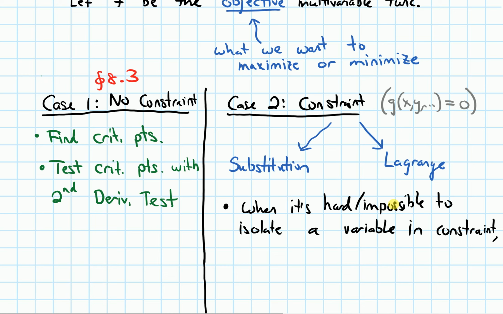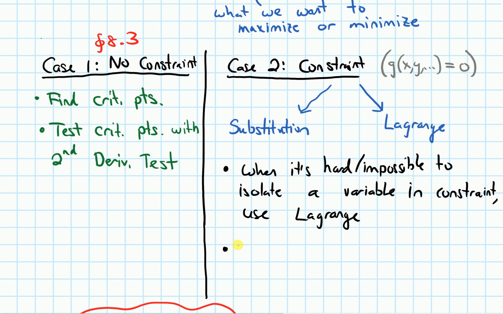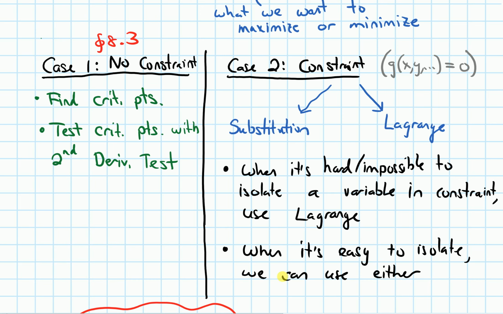Well, if that's hard or impossible, then you want to use Lagrange. On the flip side, when it's easy to isolate, then we can use either method. We can use either Lagrange or substitution. All right, and these max-min problems with a constraint we talked about in section 8.4.